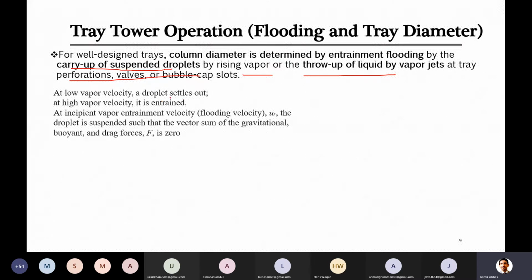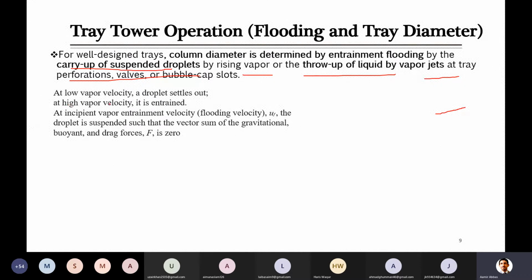The droplets which are carried will settle down while the vapors pass from one plate to the other. For that, we have seen that if you provide sufficient spacing, the liquid droplets will start joining with each other, and when a big droplet is formed, it will fall down due to gravity.